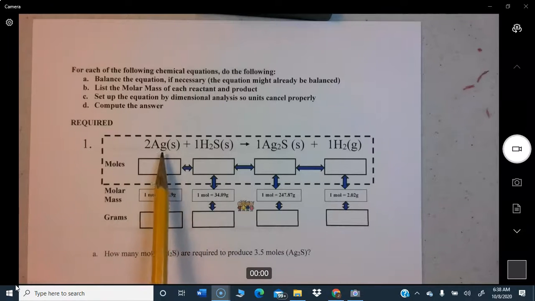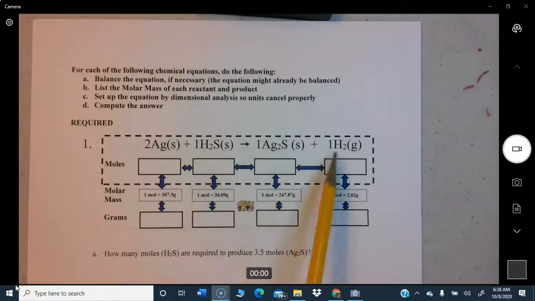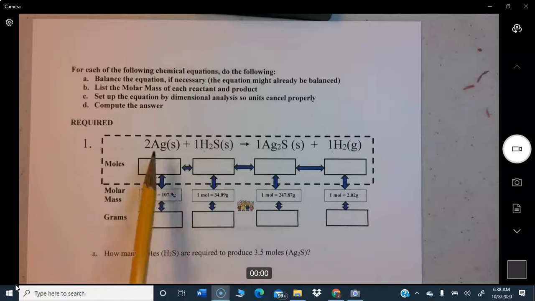So it goes out, it gets two Ag atoms, puts it together with 1 H2S, and that reacts to produce this. So it's counting numbers of atoms and molecules. That's what a mole is. It's a big basket of 6.022 times 10 to the 23rd atoms or molecules. So it's matching up. It's putting together things based on numbers, not based on weight.